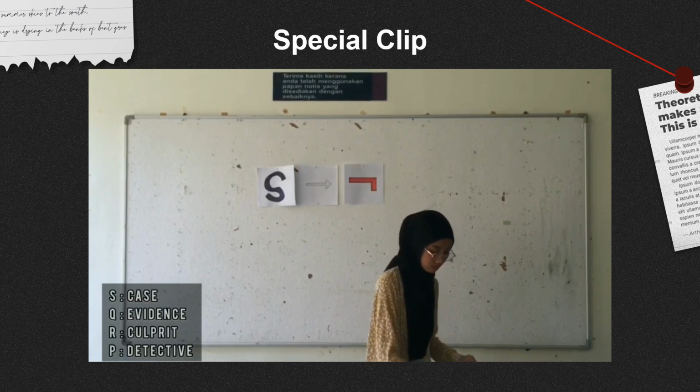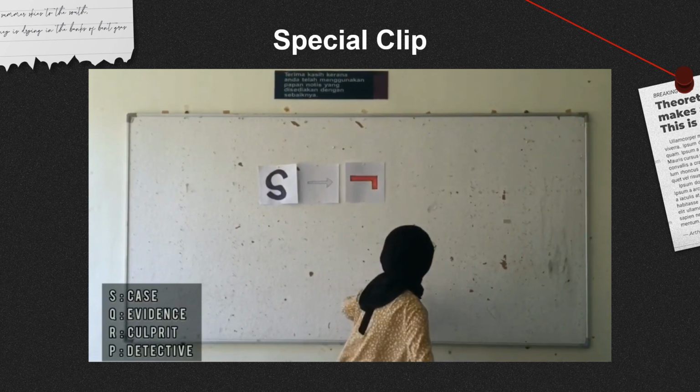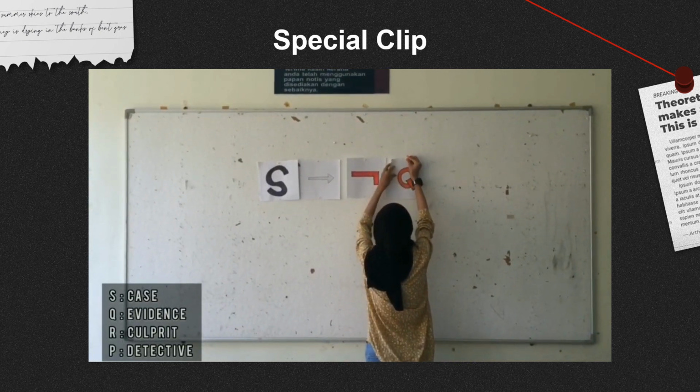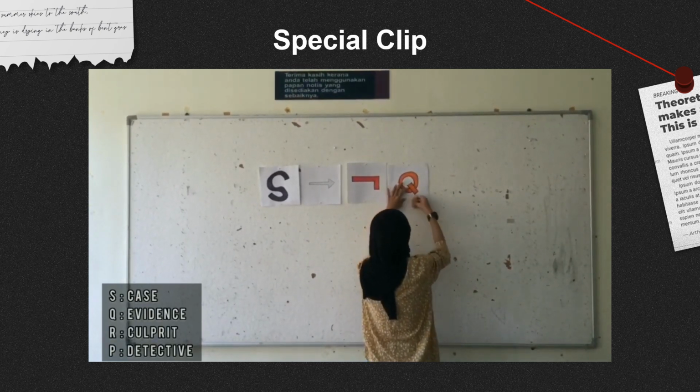Enola concluded that she could not solve the case since she did not catch the culprit and she also did not get any evidence.